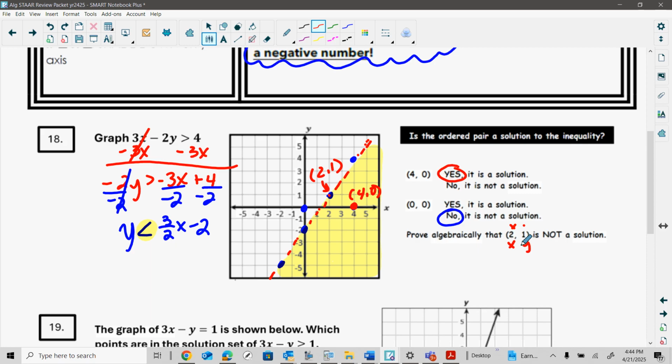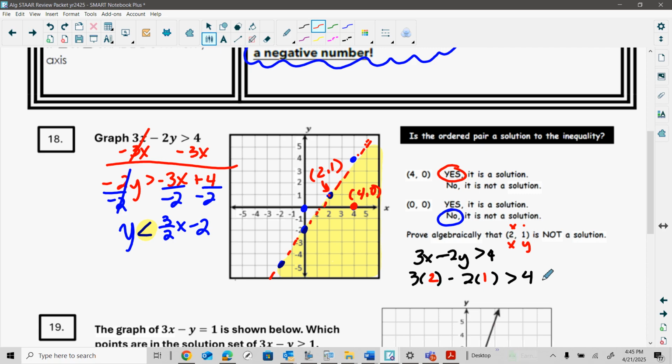The original inequality we had was 3x minus 2y is greater than 4. So I'm going to substitute the x and the y and compare it to the 4.